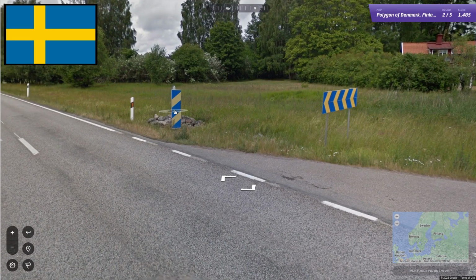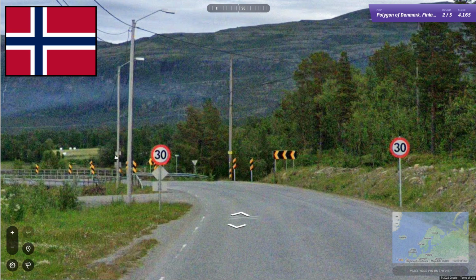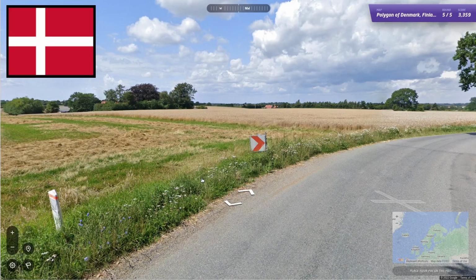In Sweden all these kind of warning signs are in Swedish colors, blue and yellow. This is from Norway, but these arrows and warning signs have similar colors in Norway, Finland and Iceland. And in Denmark they are white and red, like the Danish flag.